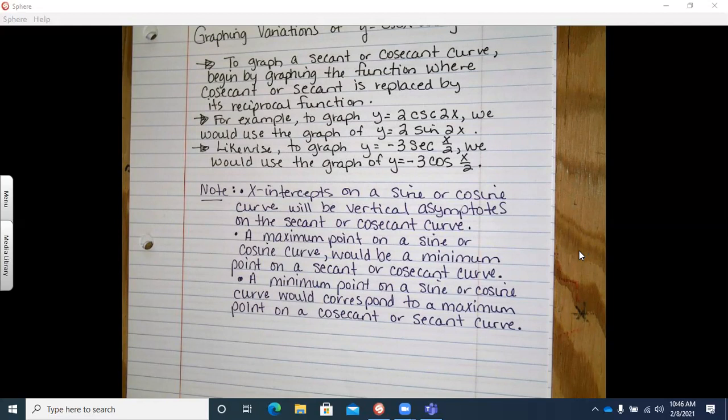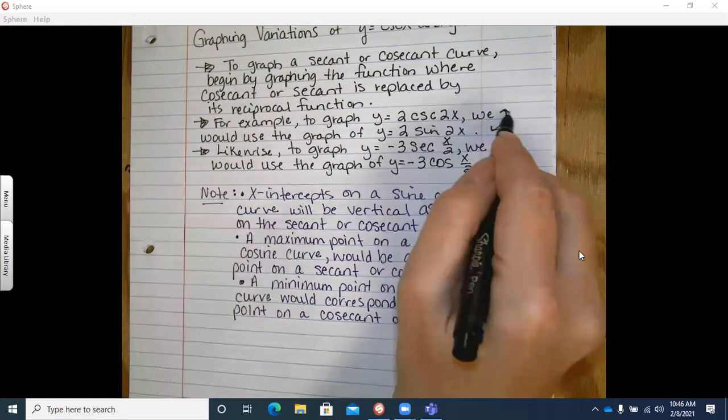We're going to graph y equals 2 times the cosecant of 2x.